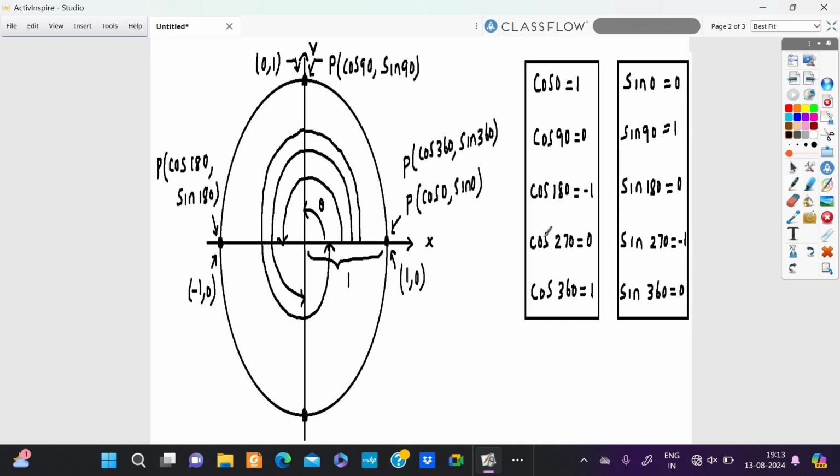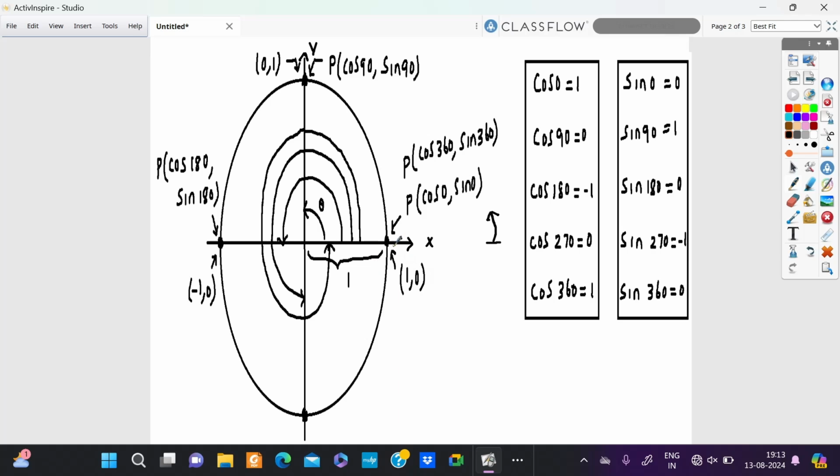Next is some of the special angles like 0 degrees, 90 degrees, 180 degrees, 270 and 360. Usually we consider theta in the counterclockwise direction to be the positive angle, starting from the initial x-axis. All right.